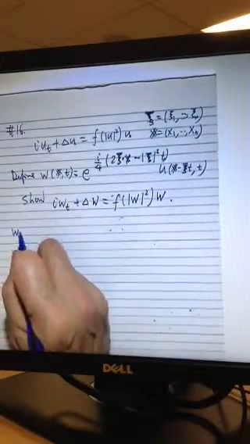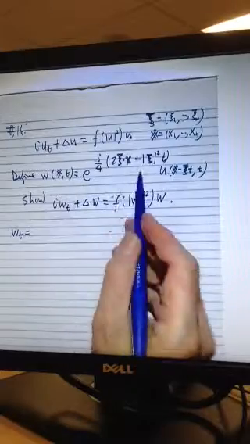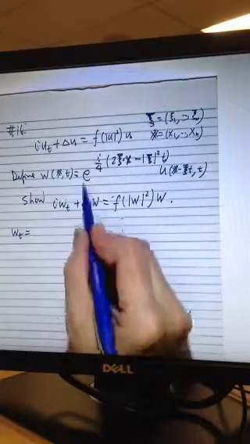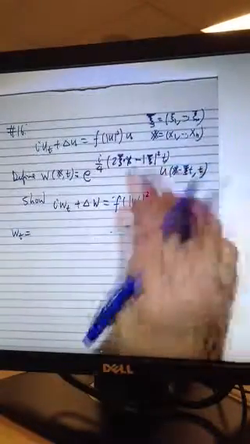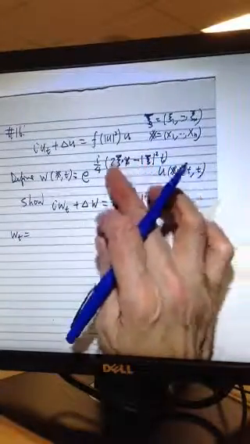So w_t: differentiate with respect to t. It's a product of two functions, so you use the product rule.